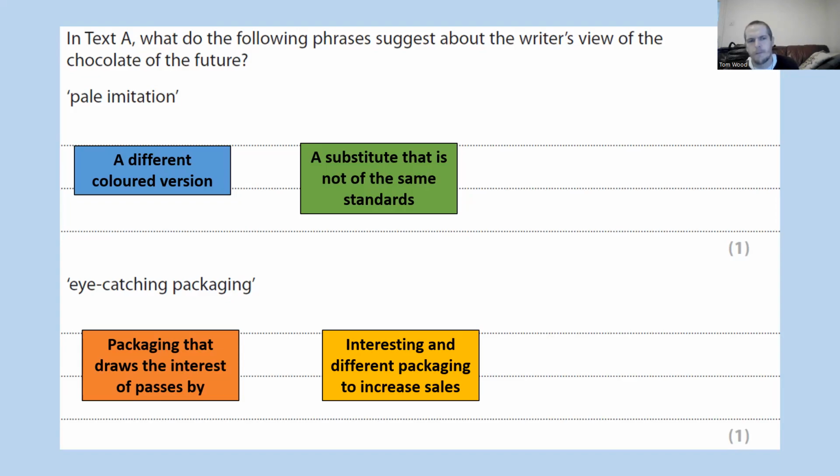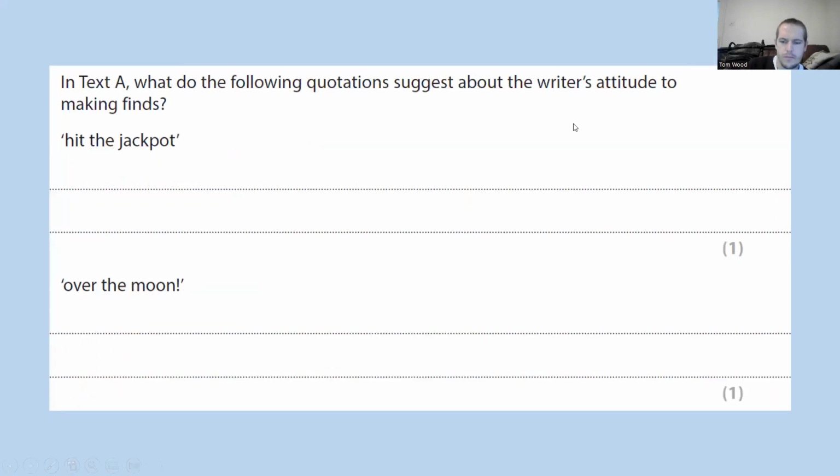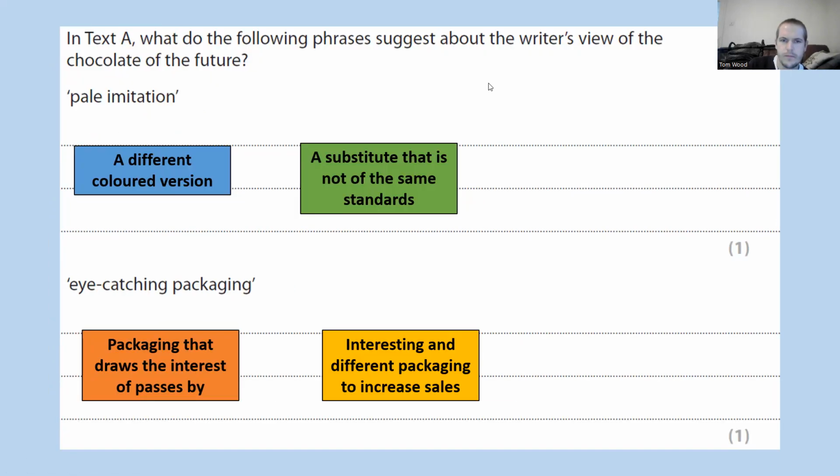The writer thinks that the packaging is something that helps promote sales. Something to this effect. Yeah, absolutely spot on, Monica, that's really good. So eye-catching packaging. So drawing attention would be a really good extra way of wording that as well.